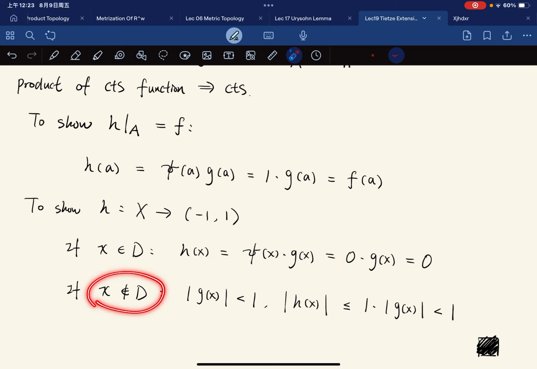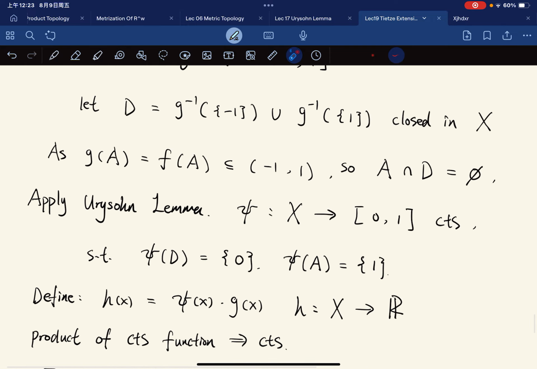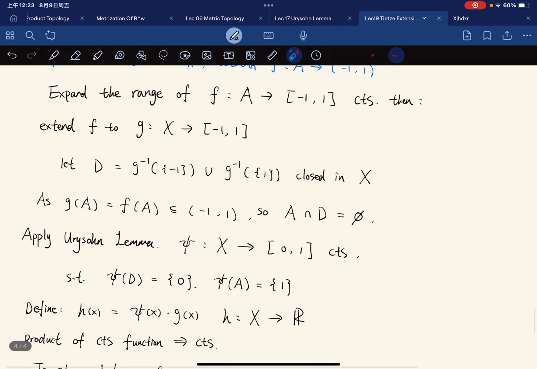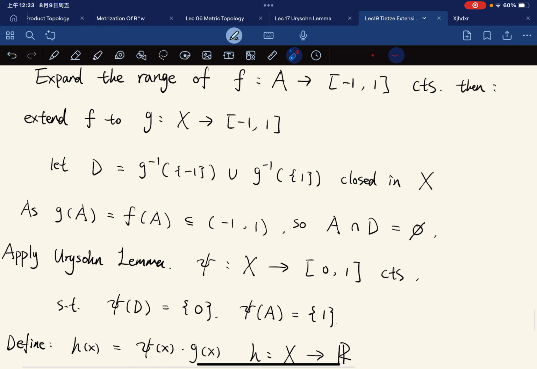If you're not in D, well, because we already know that g of x is this, you're not in D, so g can only be in the open interval, because you're excluding the inputs that map to the endpoints.